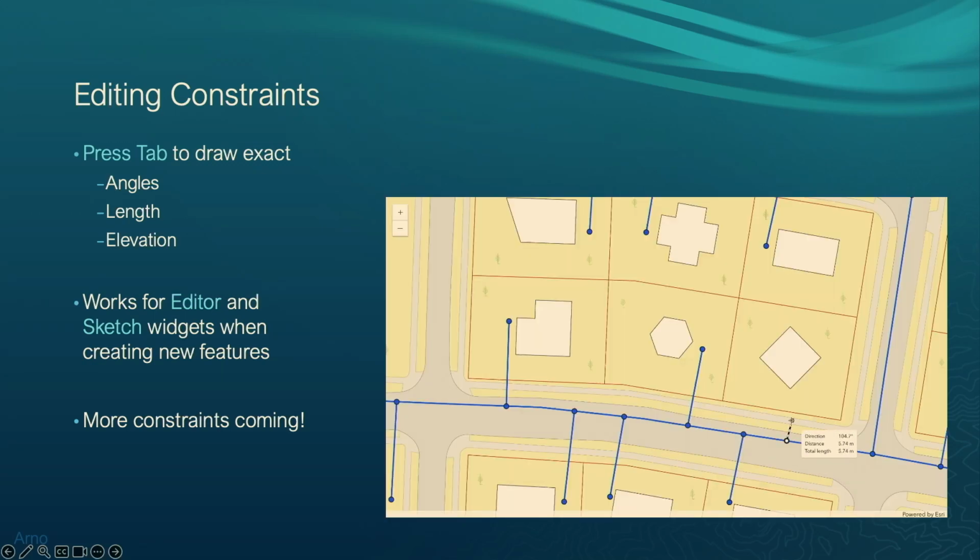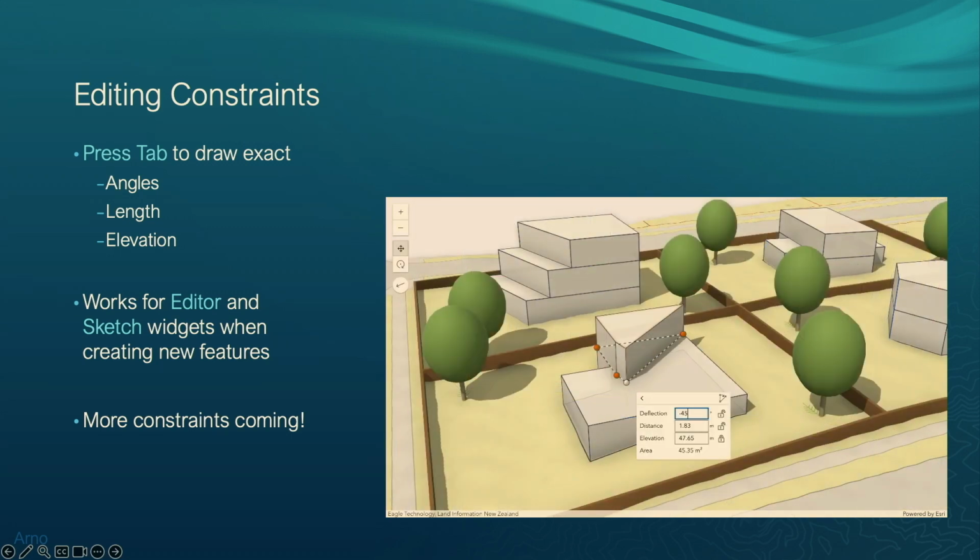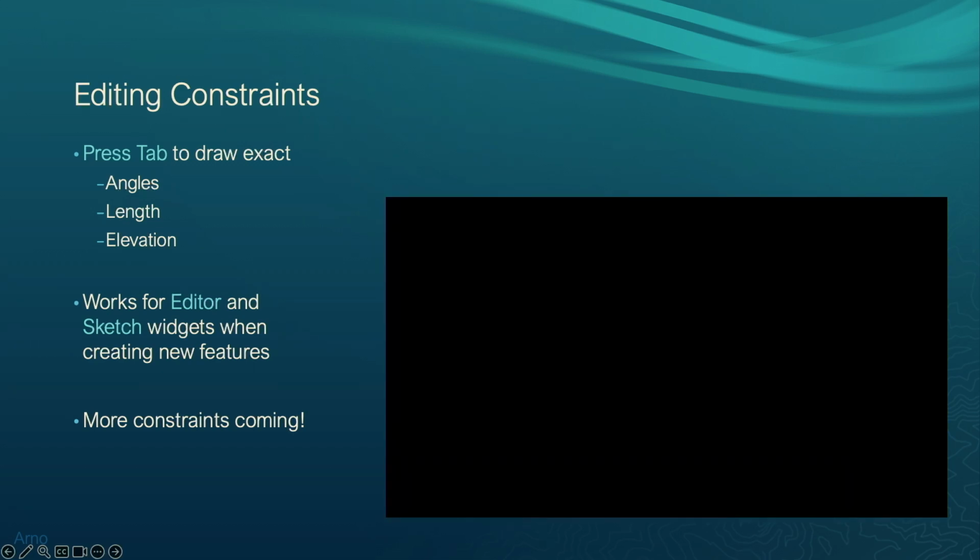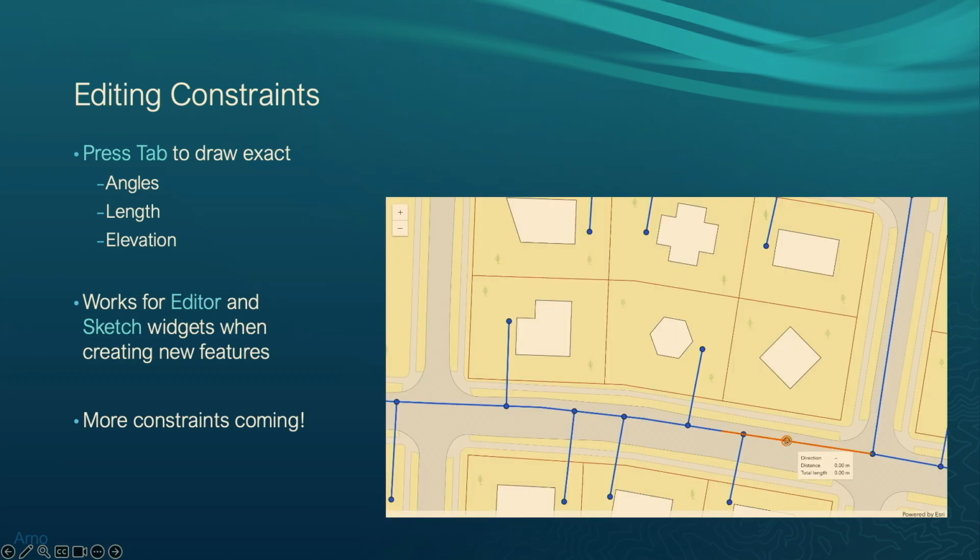And this is really powerful, especially in combination with snapping. And it's also one of the success stories that we were able to push this out in 2D and 3D simultaneously. And we will continue to work on this, adding more constraints, for example, being able to enter exact coordinates, again, supporting both 2D and 3D.